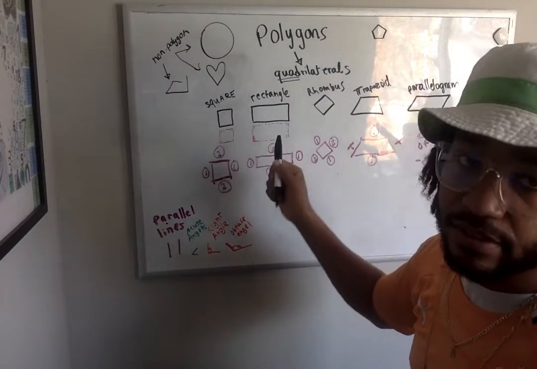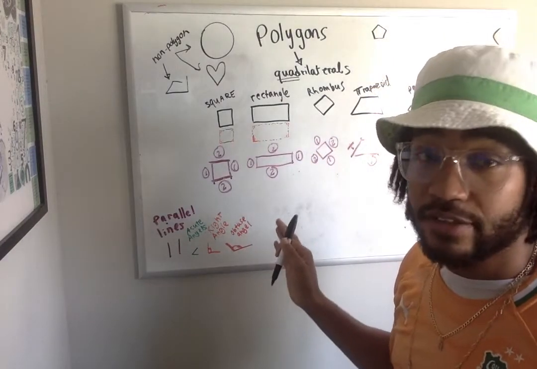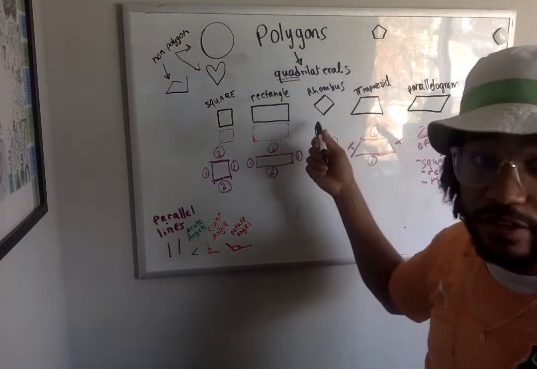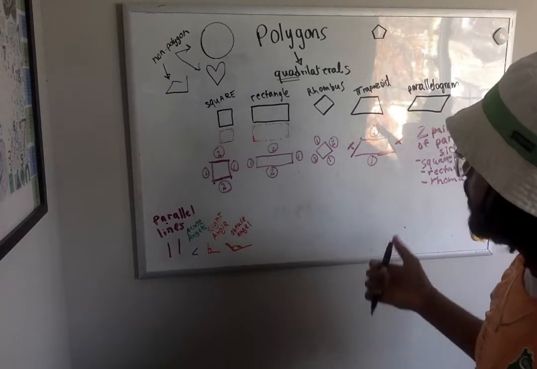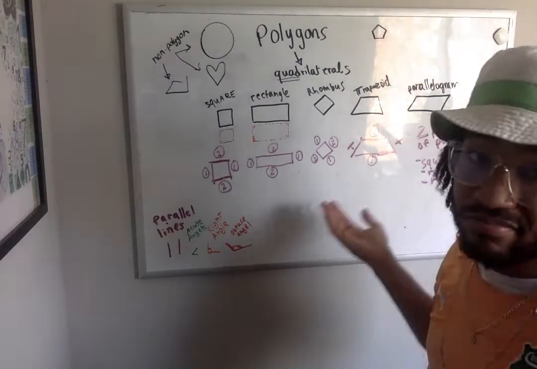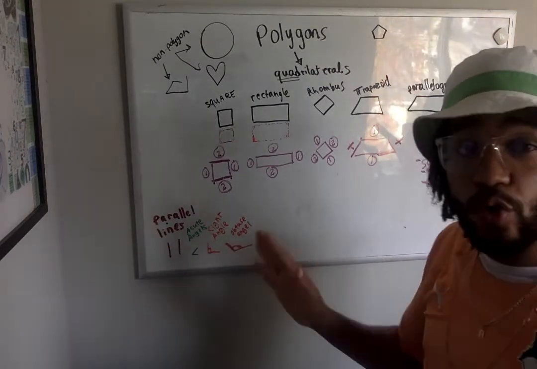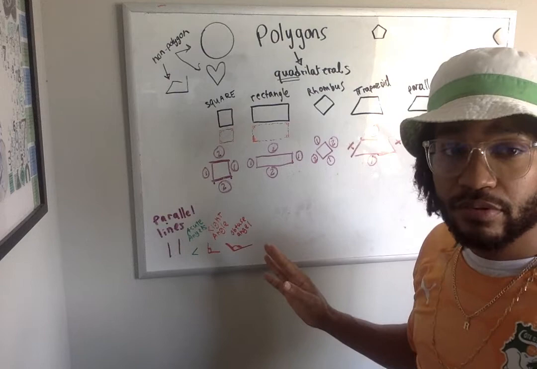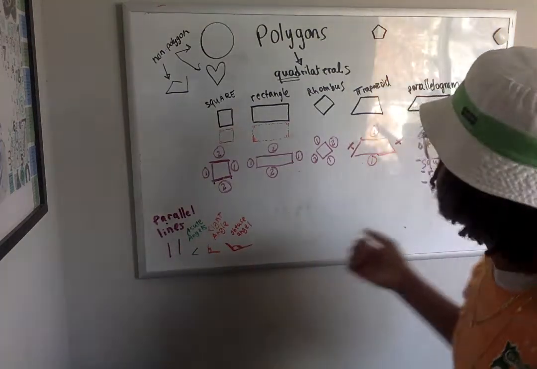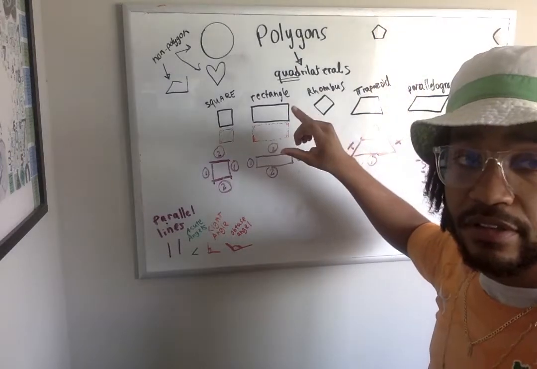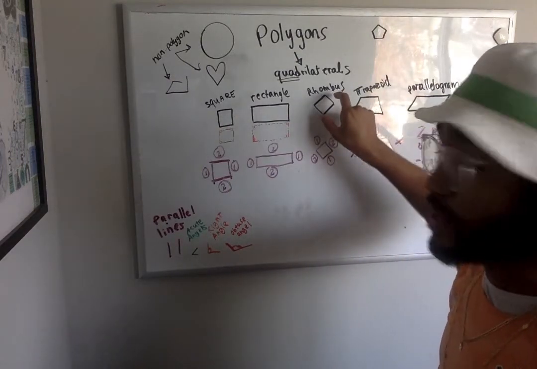Like the opposite sides are equal, but not all 4 sides are equal. Then you have a rhombus where all the sides are equal. And sometimes it could have a right angle, sometimes it doesn't. That's really it with a rhombus. All sides are equal with a rhombus. Anything with all sides equal could be a rhombus. So a square can actually be a rhombus if it looks like this, or if you rotate it.